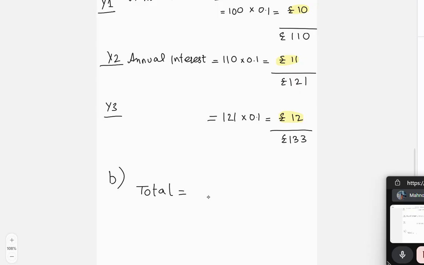So what do we have to do? We have to work out the total interest, and that is interest of the first year, interest of the second year, and interest of the third year. The ones that I have highlighted here, and they make 33 altogether.